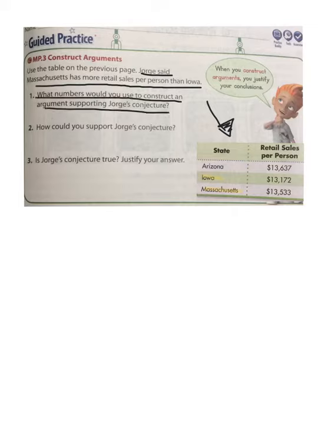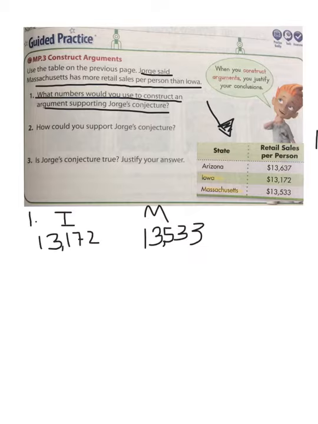Remember, a conjecture is a statement that is believed to be true but has not been proven, so you have to prove it. I have written the numbers for Iowa with an I on top of it, which is 13,172, and Massachusetts with an M on top of it, which is 13,533.